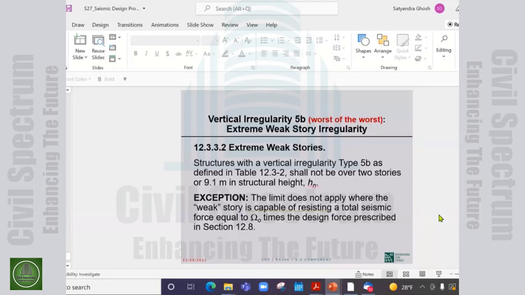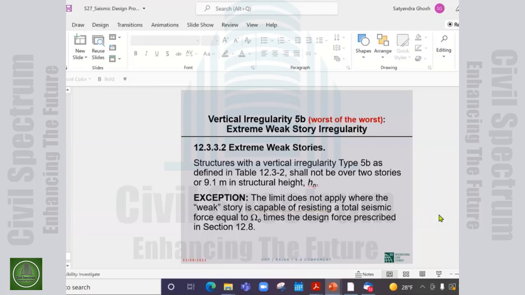So the overstrength, do we have to use overstrength factor only for ground floor members or all frames when the building has a soft story? Let's see. Yes, I understand the question now.